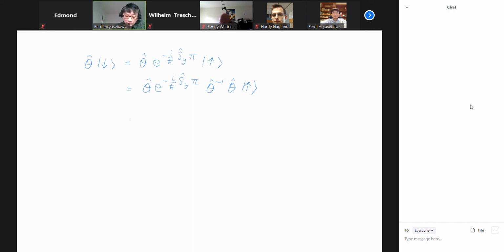So here we make use of the fact that the angular momentum anti-commutes with theta, but at the same time it converts i into minus i.